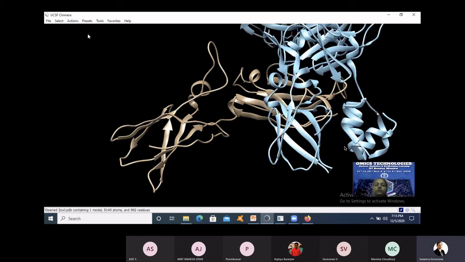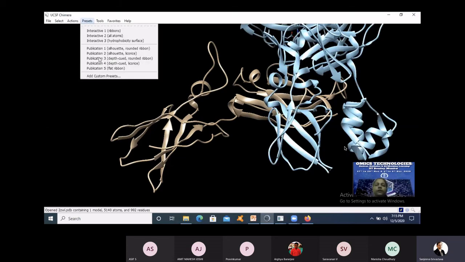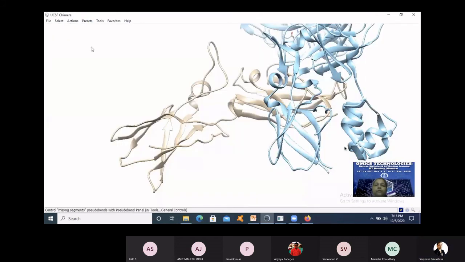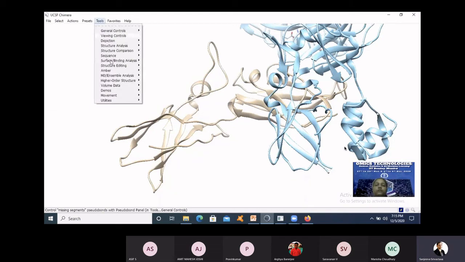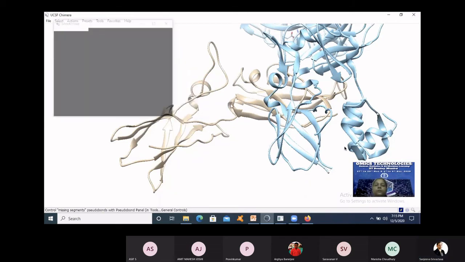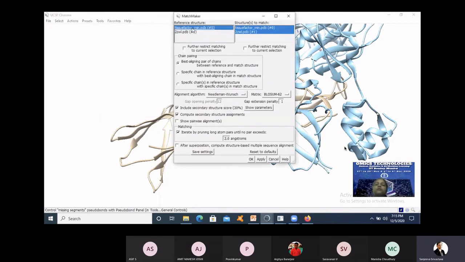If I just make the background white again, then I will go to Tools, go to Structure Comparison, go to Matchmaker. Then I can select one protein on the left hand side as the reference structure, and the other protein as the structure to match. So I'm selecting the only tissue factor protein, and then the complex protein, and then I say Apply.